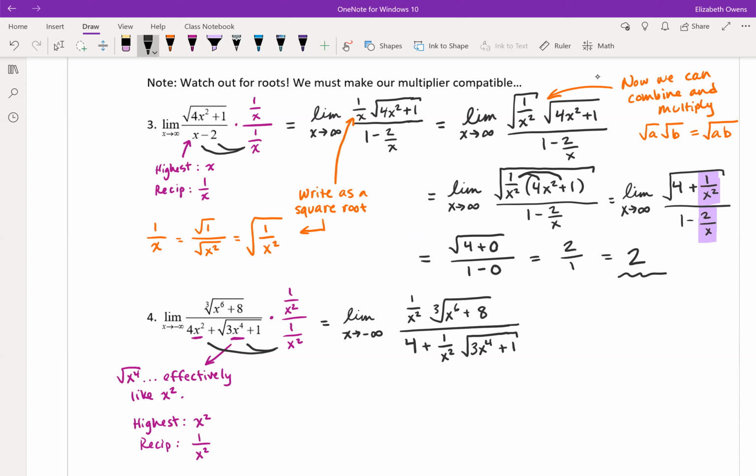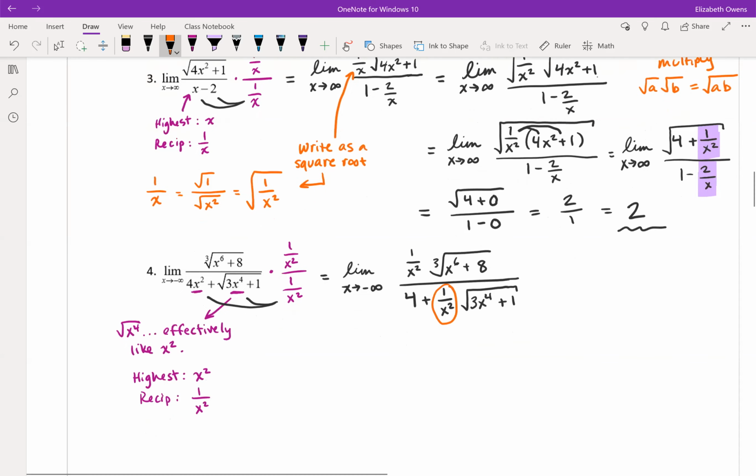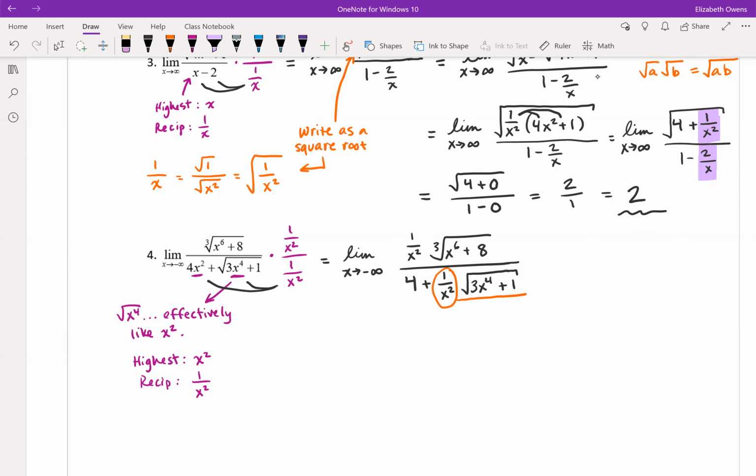Now we are going to have to make that multiplier, the 1 over x squared, compatible with the roots that it's next to. So let's start down in the denominator with the 1 over x squared. That is next to a square root. So you want your multiplier to match the type of root that it's next to.